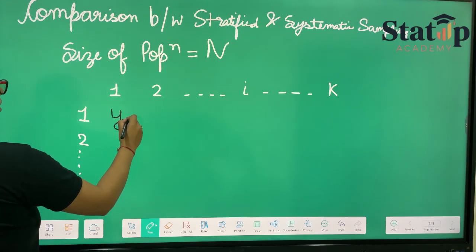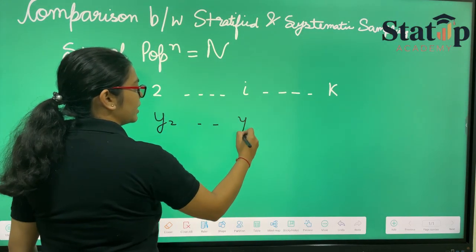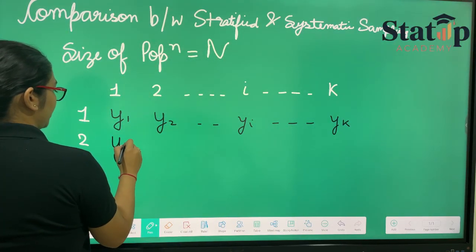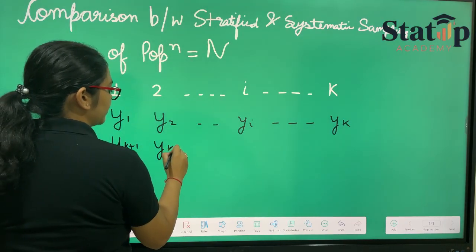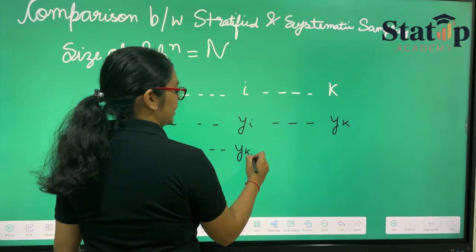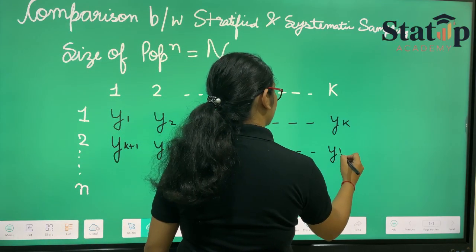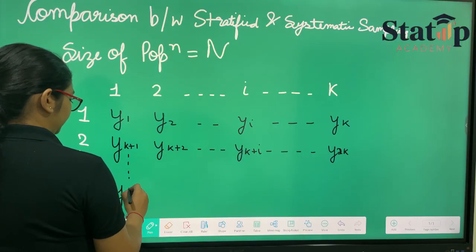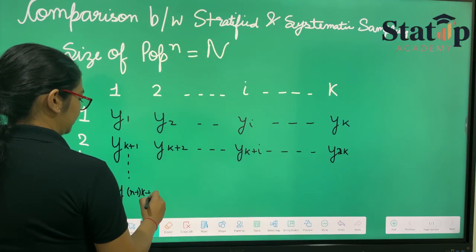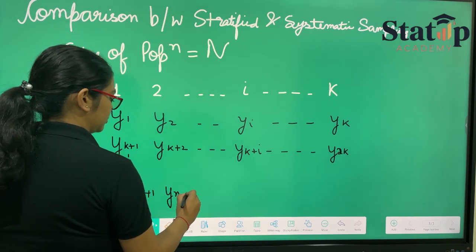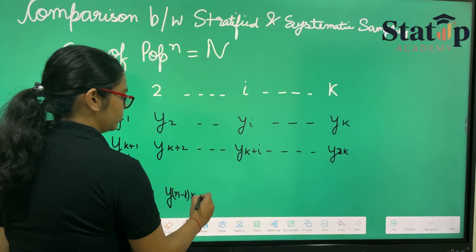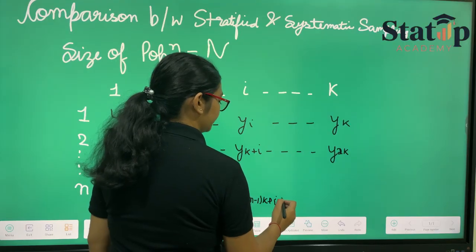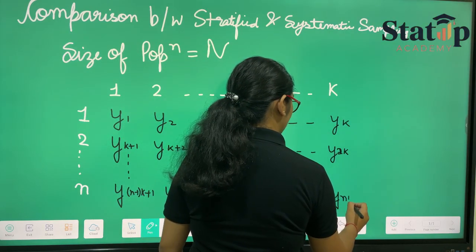So these were Y1, Y2, Yi, Yk, and then Yk plus 1, Yk plus 2, Yk plus i, Y2k, Y(n minus 1)k plus 1, Y(n minus 1)k plus 2, Y(n minus 1)k plus i, Ynk.